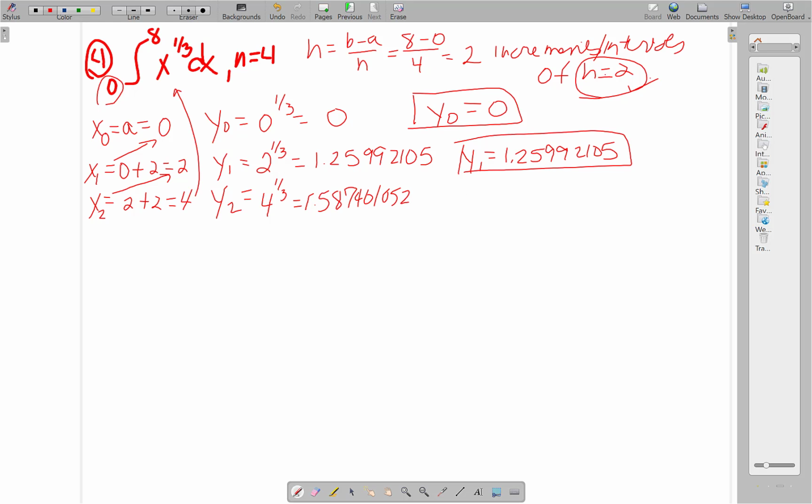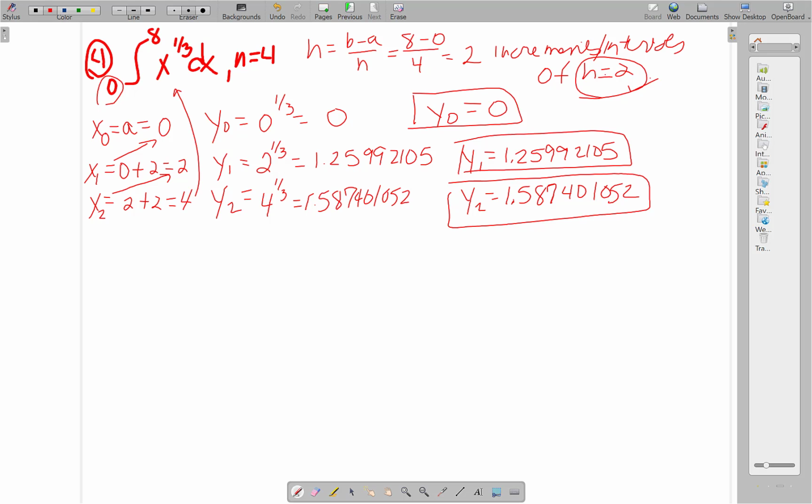And I'll write that again as y2 equals 1.587401052. That is our y2.